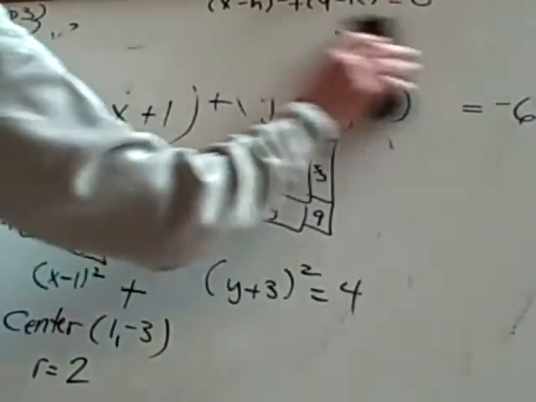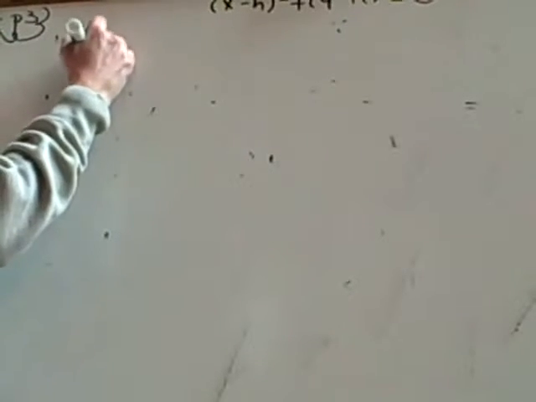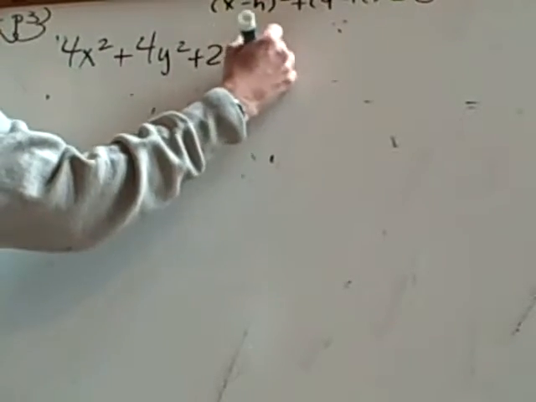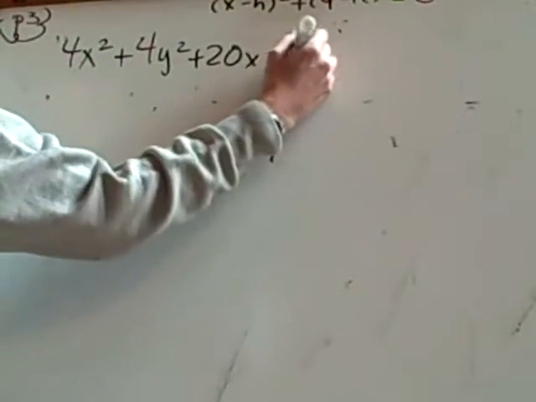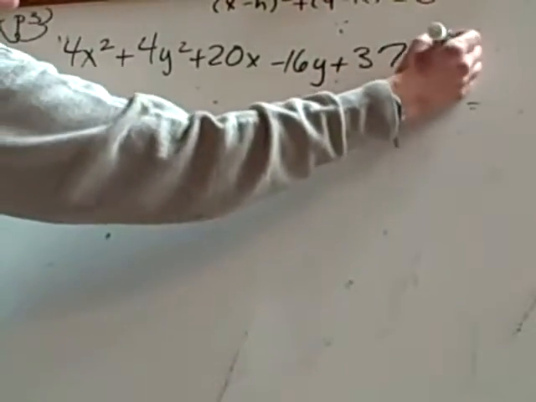You can go ahead and write out that big long enchilada. This is going to be a little different because there's a number in the front. 4x squared plus 4y squared plus 20x minus 16y plus 37 equals 0.